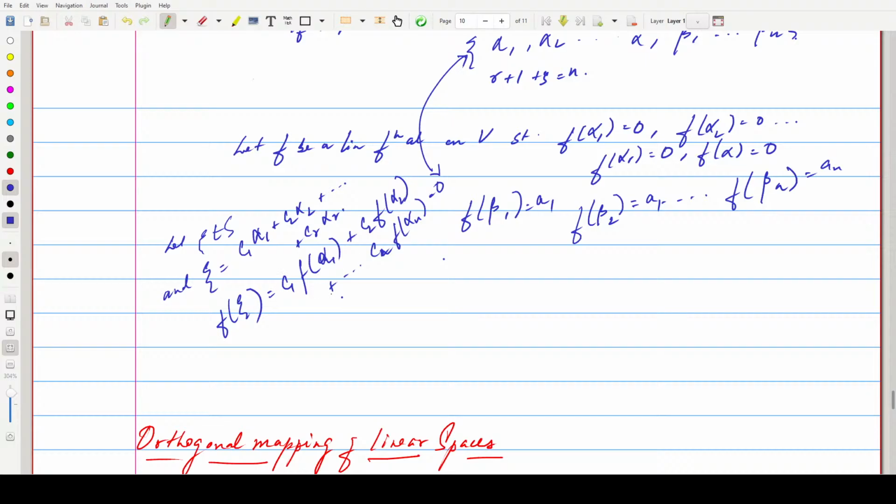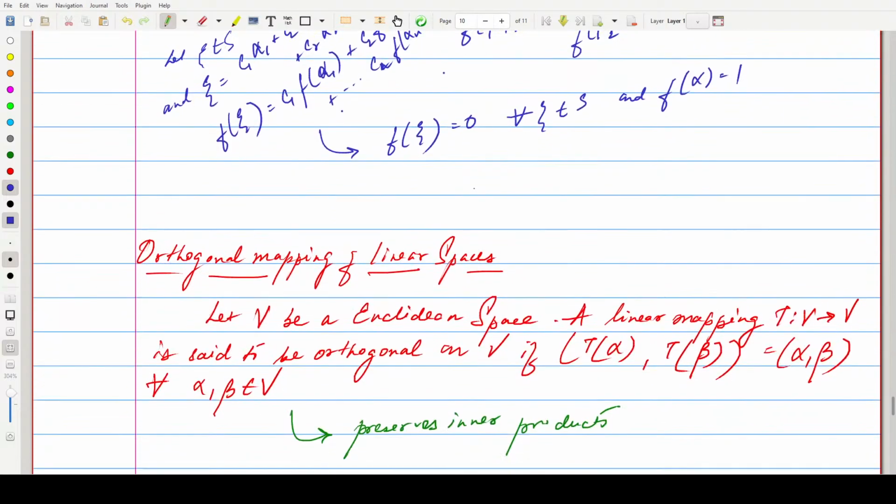And so we are done. We have shown that f of psi is equal to 0 for all psi belonging to S, and f of alpha is equal to 1, right?